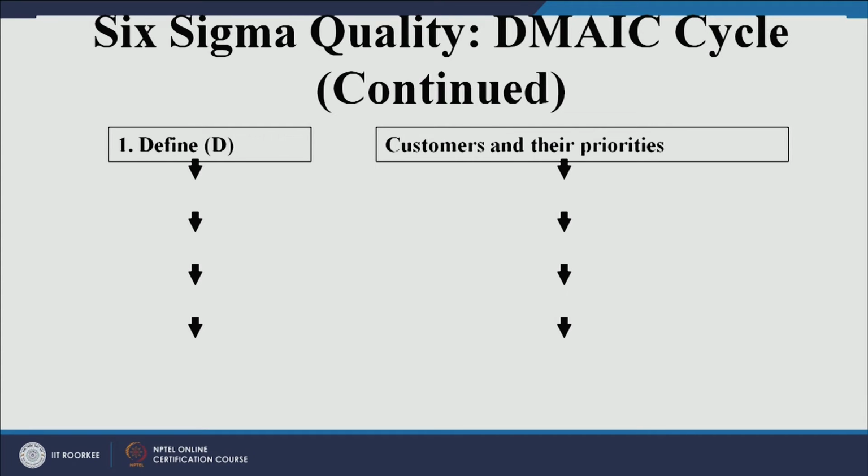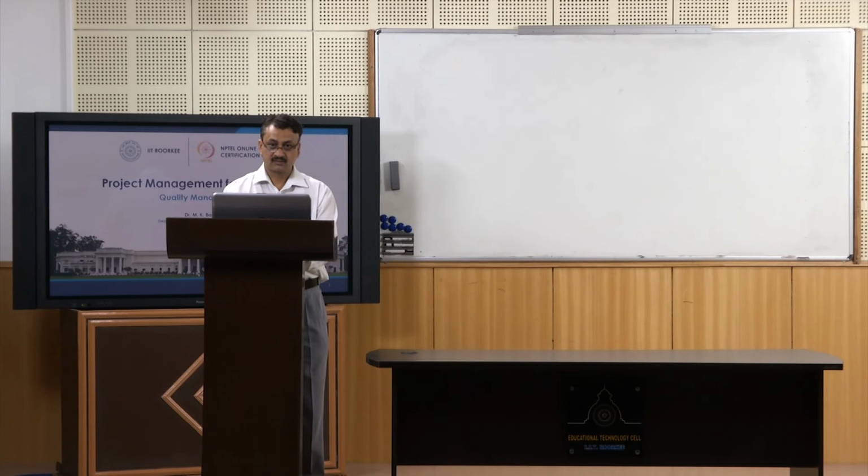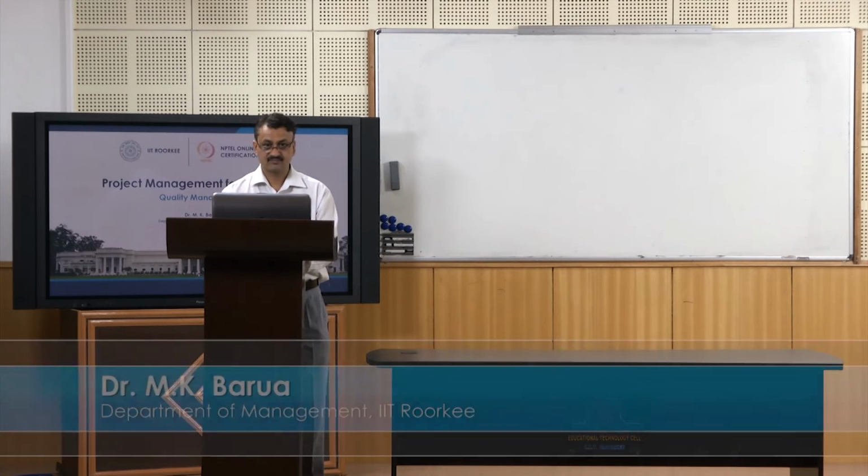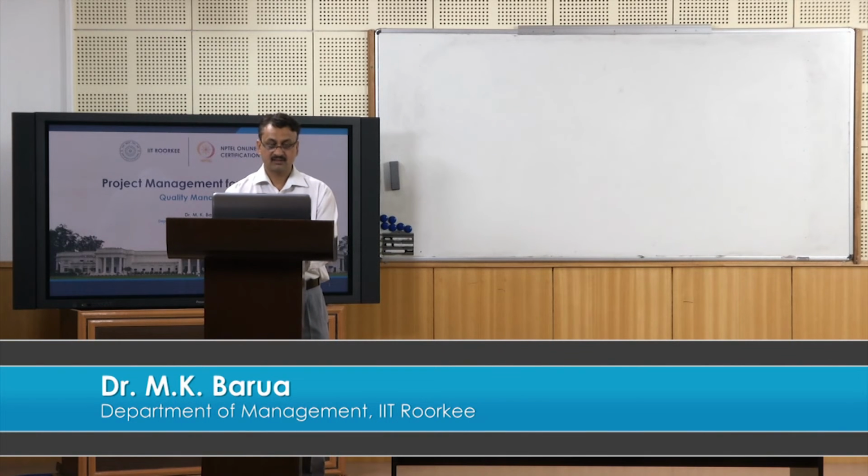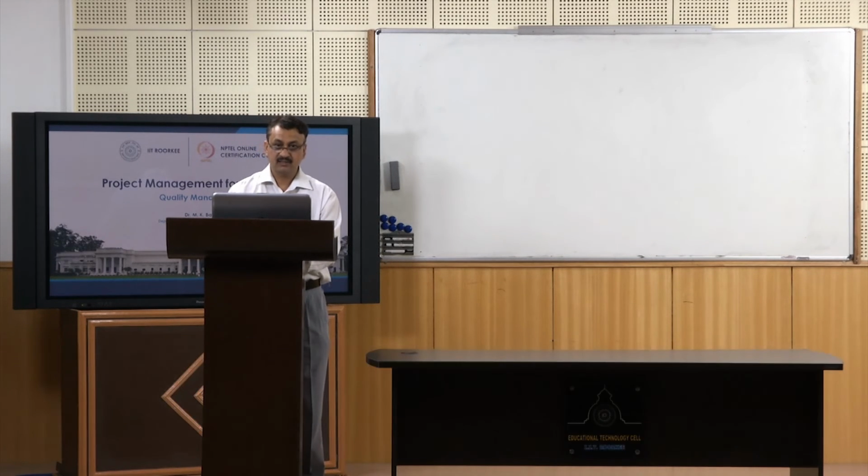In a product, a customer may want, let us say, availability of the product as the first requirement. For me, the first requirement is that it should be at a reasonable price. For someone else, the priority is that it should be a durable product.